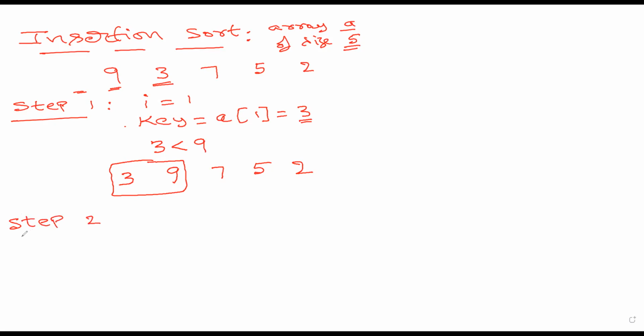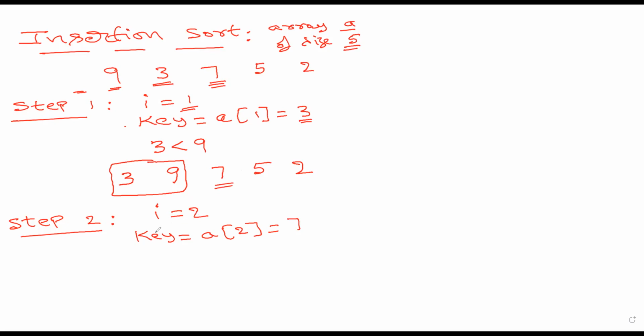Step 2. We have to consider our I value as 2, so our key element position is 2. Now the key element, A of 2, is 7. At the second position we have 7, so that one we are considering.